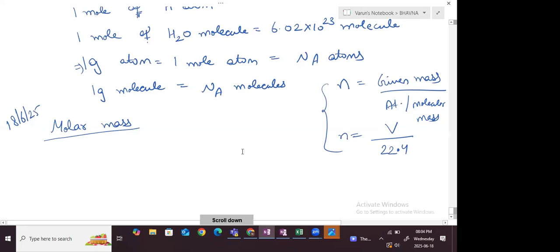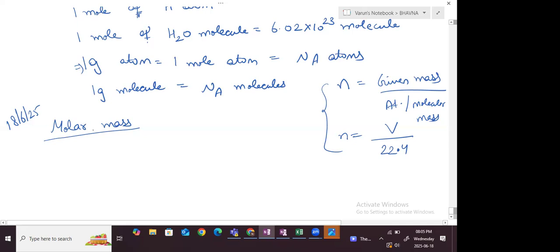Okay, ma'am. My next topic is molar mass, basically. First, I have done atomic mass, that is the mass of an atom. Molecular mass, that is the mass of a molecule. And molar mass is basically for 1 mole. What is the mass of 1 mole of a substance? That is my molar mass.